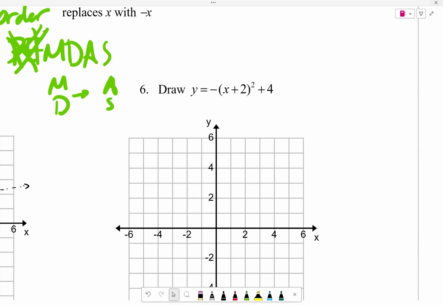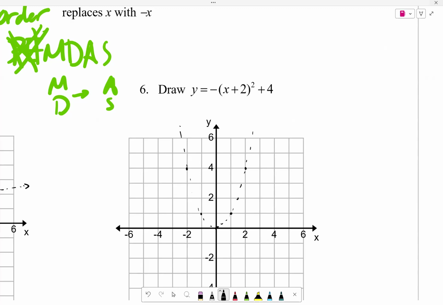If you want to go right to it, you can, but I always like to start, especially when I'm beginning, with the dashed version.